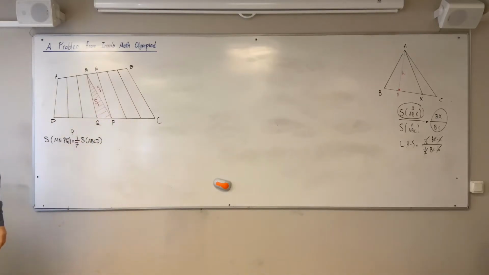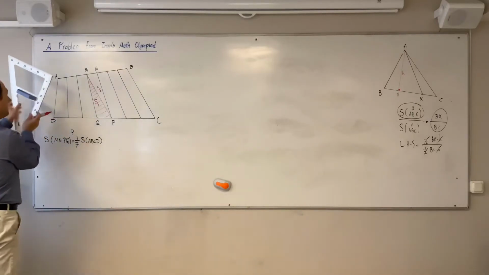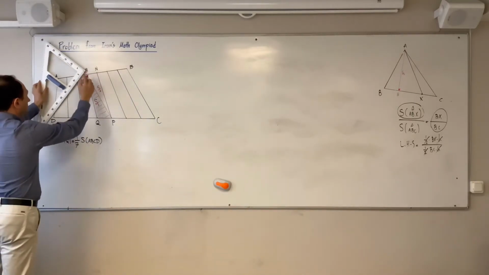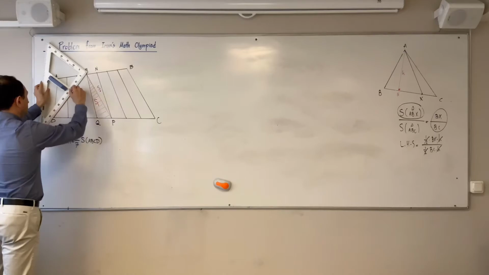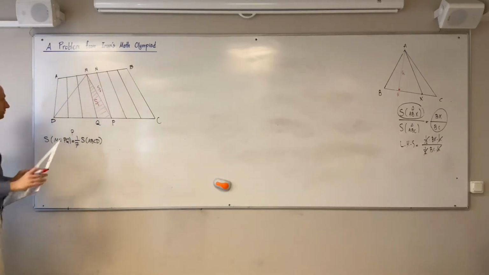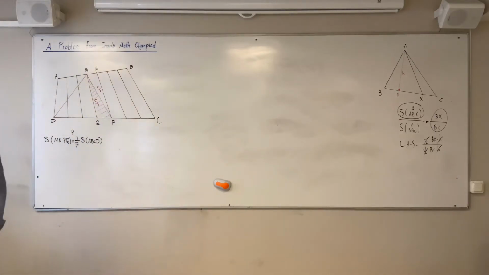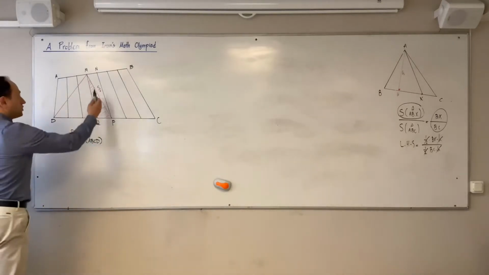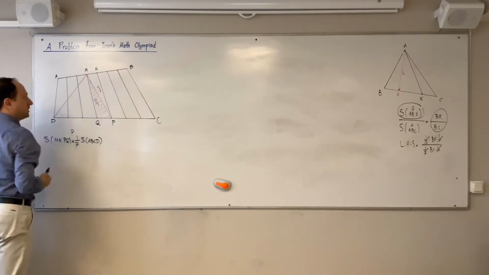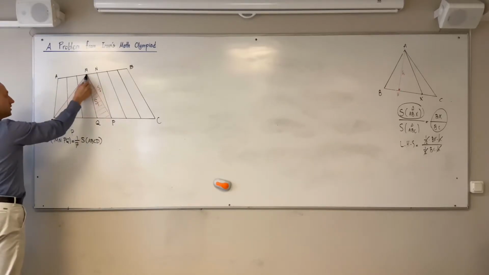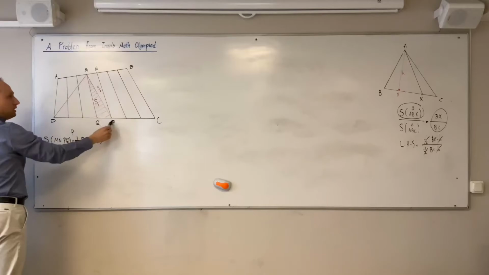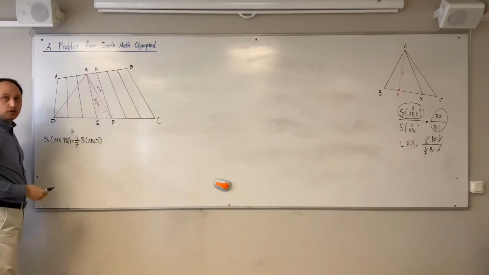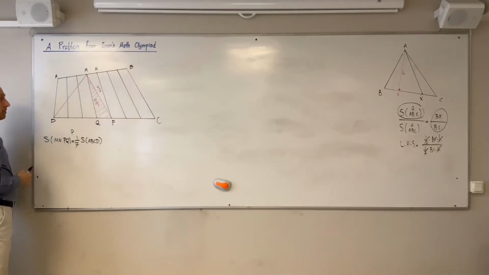One more line I want to add to my picture is the line that connects M and D. So what you can immediately realize, forgetting about the right part of the picture and concentrating only on triangles MDP and MQP, is that you have exactly that scenario repeating itself here.